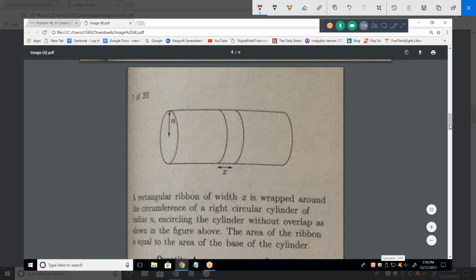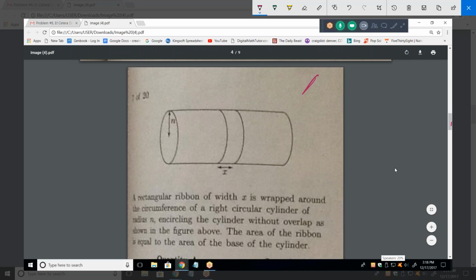This looks like it could be a tough problem. Let me read it. The area of the ribbon is equal to the area of the base of the cylinder.